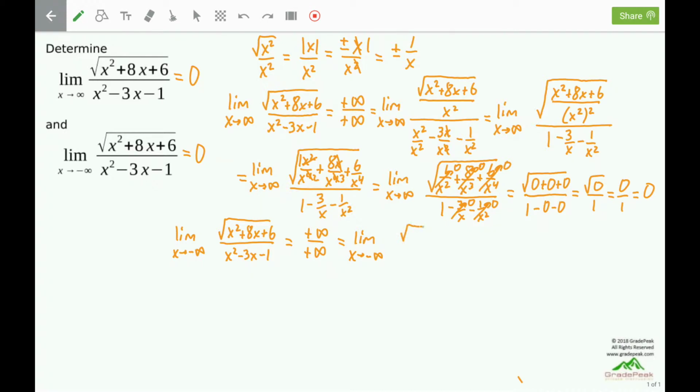So we can divide the entire root in the numerator by positive x squared, and each term in the denominator by positive x squared.